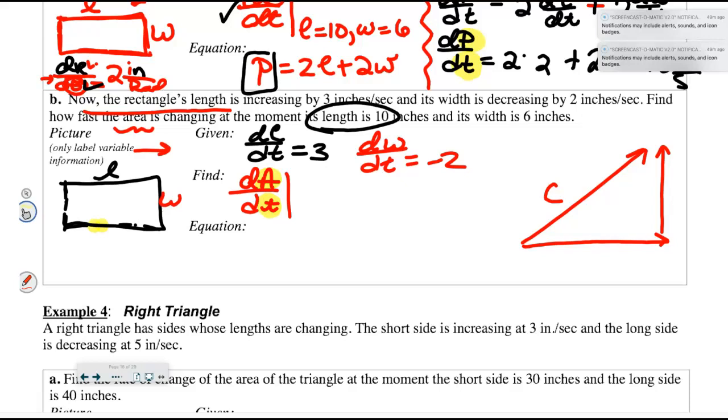If you call that dy dt, you're going to forget that y was an area and you're going to label it wrong. Does that make sense? What do we measure area in? Inches squared. So if you label it with something appropriate, it's going to help you label. I'm supposed to start this at the instant the length is 10 and the width is equal to 6.